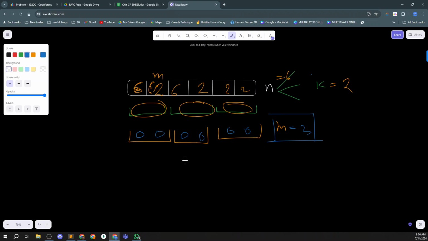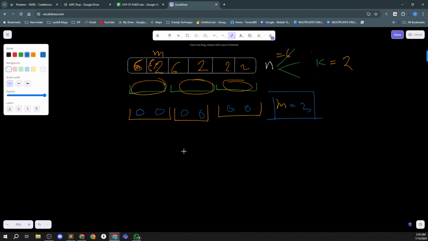If we can tell that for a particular divisor there is an m, then we can increase our answer. So we are thinking about getting an m for a particular divisor.